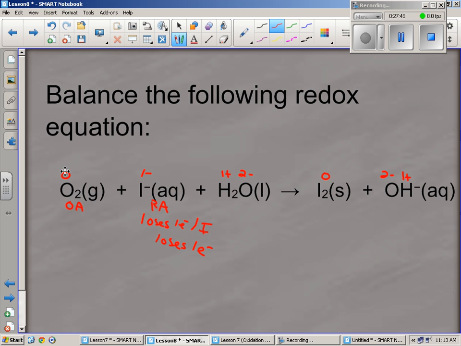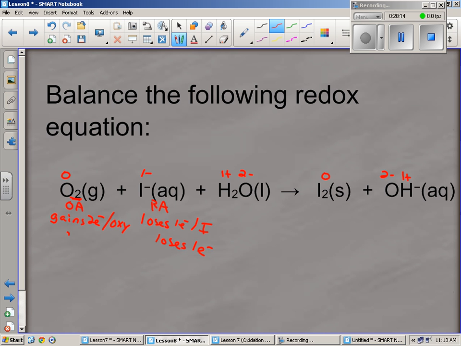So it's my OA. In fact, in this case here, this would gain 0 to 2 minus, gains 2 electrons per oxygen, right? Yes? 0 to -2 per oxygen, and I have 2 of them here.